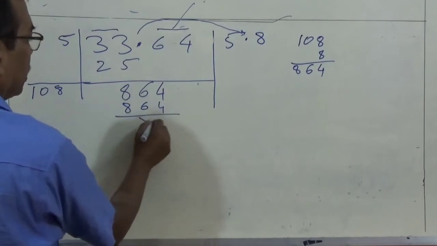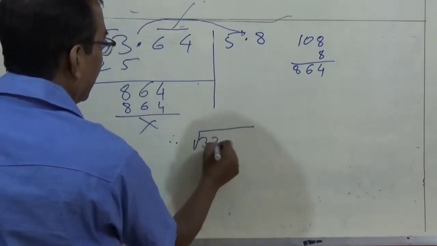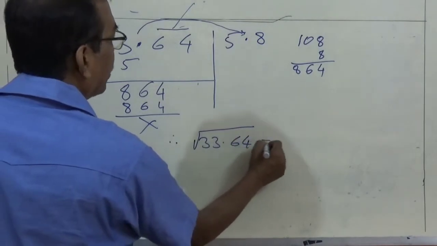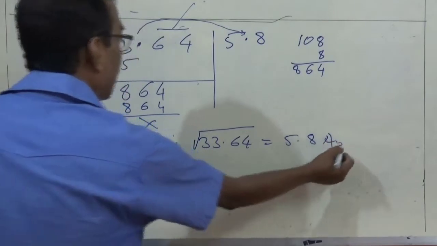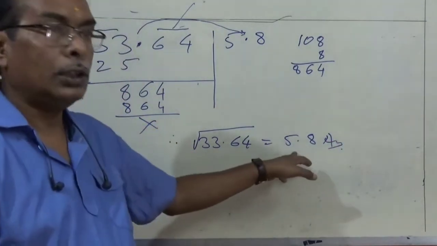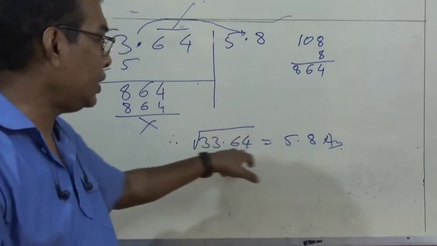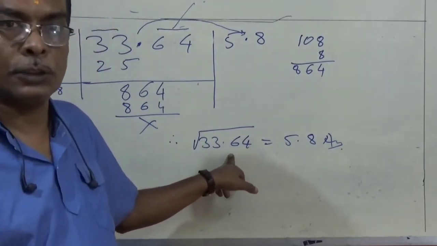Nothing has been left. So you can say the square root of 33.64 is equal to 5.8, and that will be your answer. If you multiply 5.8 with 5.8, exactly this 33.64 definitely will come. You may do the calculations by yourself.